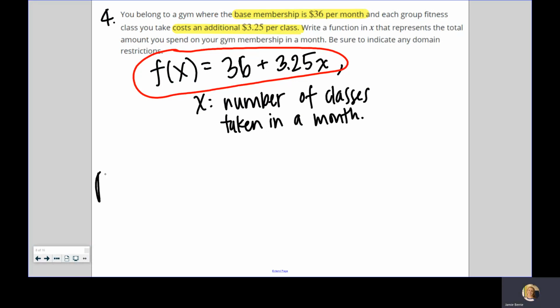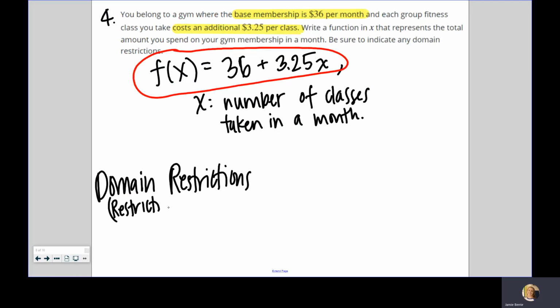Now we need to think about domain restrictions. Okay, so remember the domain is the input values. Here we're plugging in the variable x. So we're thinking about restrictions on x. All right, so x again is the number of classes you could take in a month. So let's think about how many classes you could take in a month.